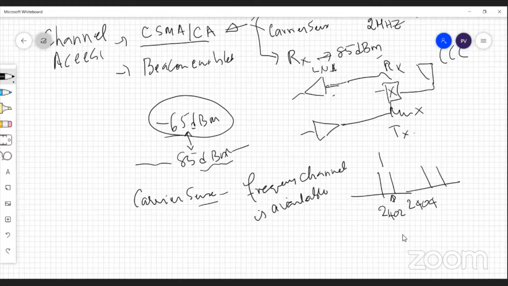I'm sitting on this channel, and I'm interested in knowing if there is any other Zigbee, Wi-Fi, or whatever transmissions. Now, if it is Wi-Fi, I don't care. I might declare that the medium is free. But if it is Zigbee, I may not want to do a transmission.